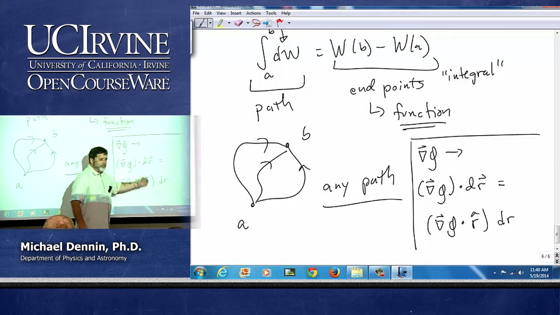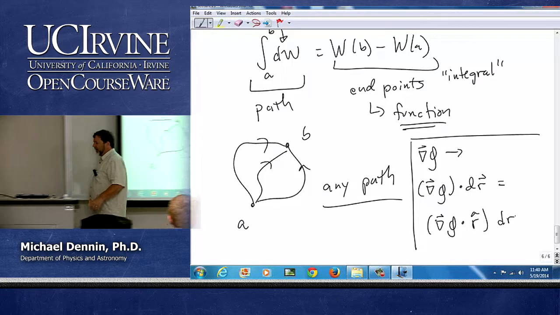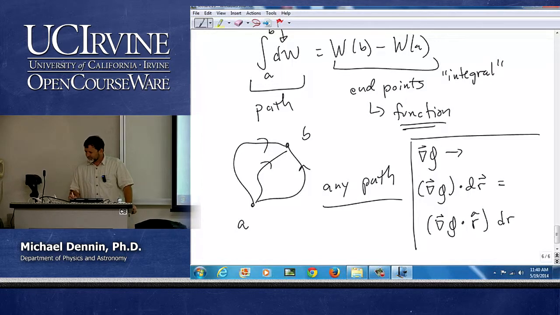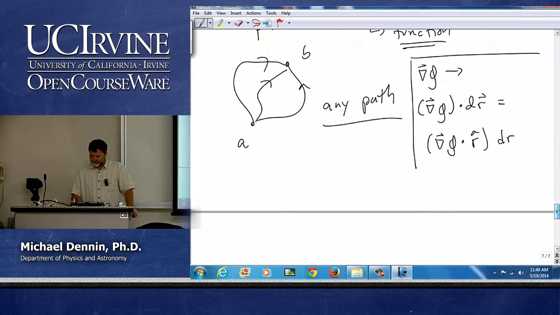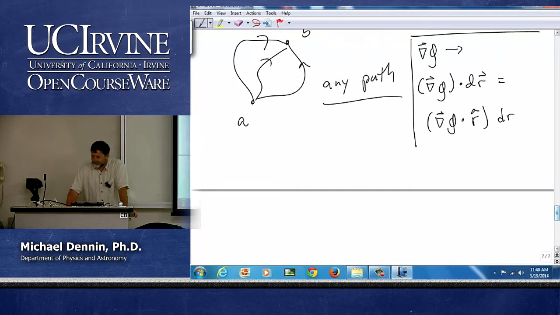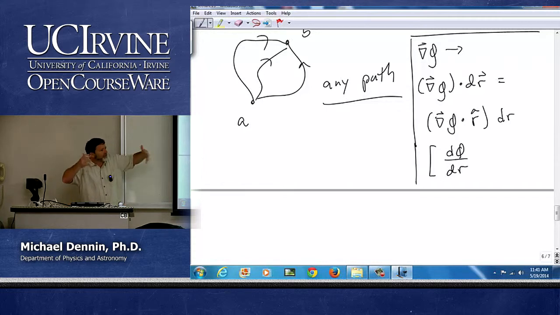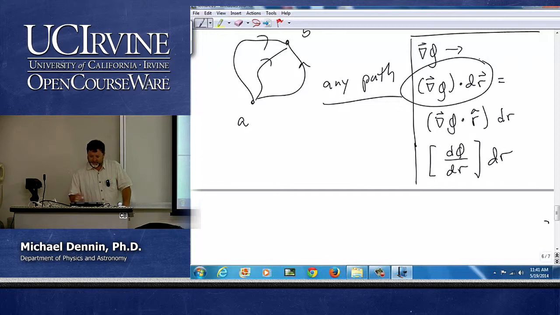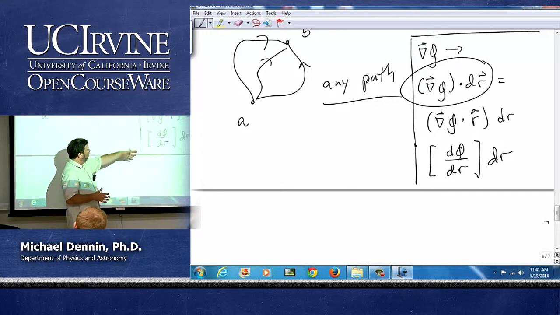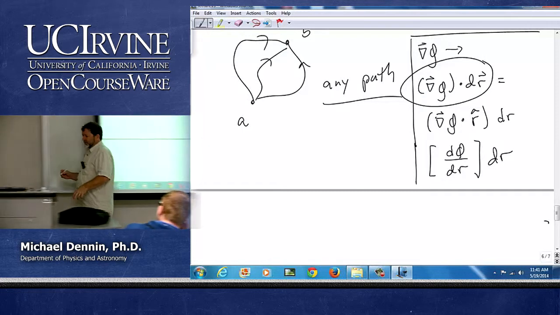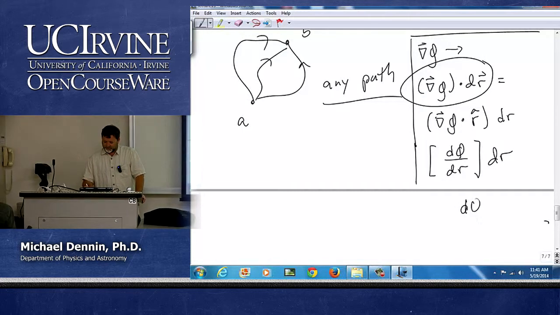This object here, anyone remember what it was defined as, how we got it? Oh, it's the directional derivative. It is, well, it's the total derivative of phi with respect to r along that direction, basically. And so now we see that by definition the gradient of phi dotted into dr is a total derivative d phi.